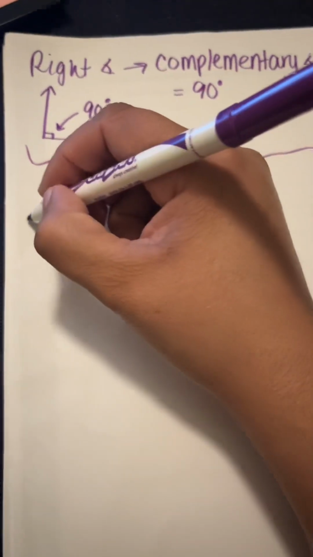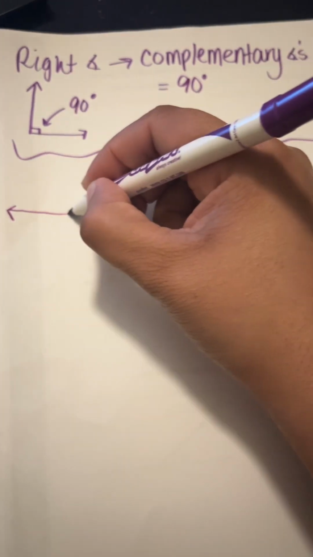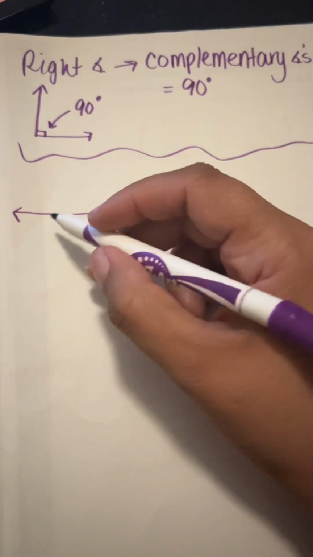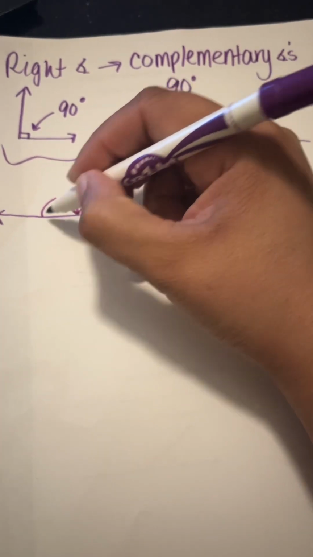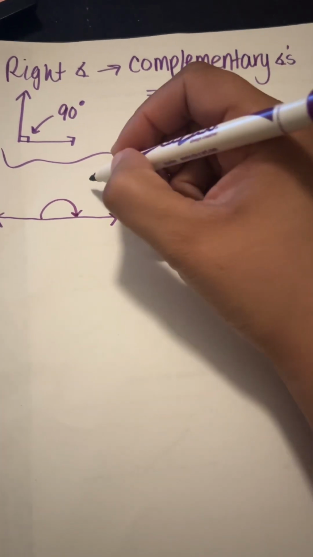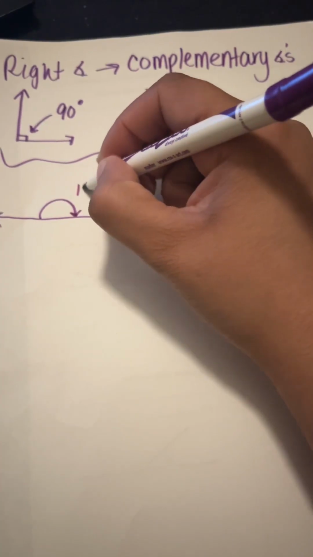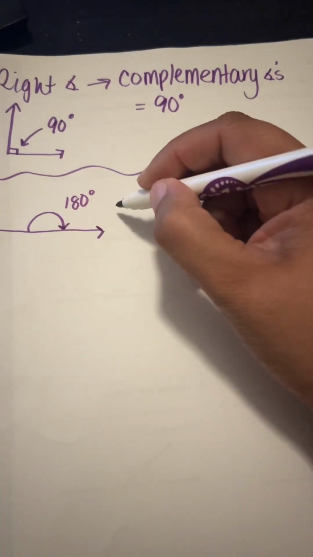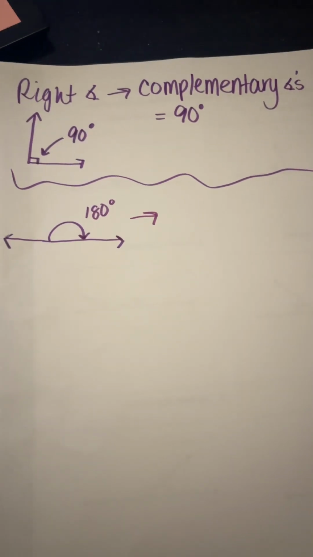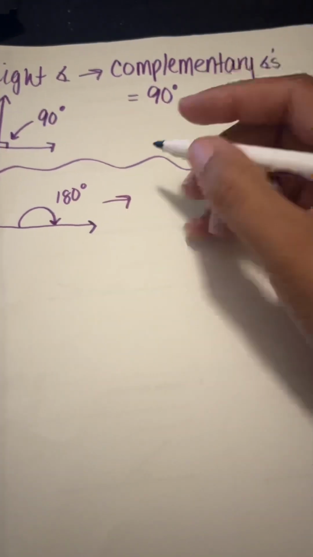The next special type is a straight angle. A straight angle is just a straight line, and from one part of the line to the other, it makes a 180 degree angle. We have a special set of angles that deals with 180 degrees.